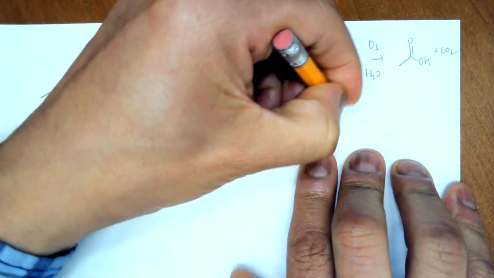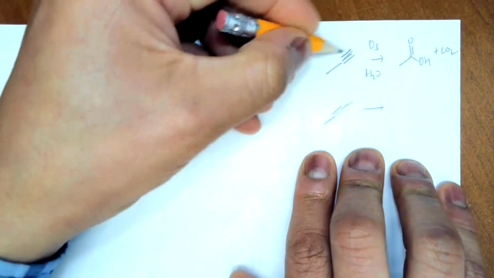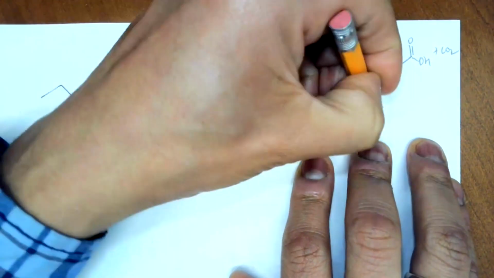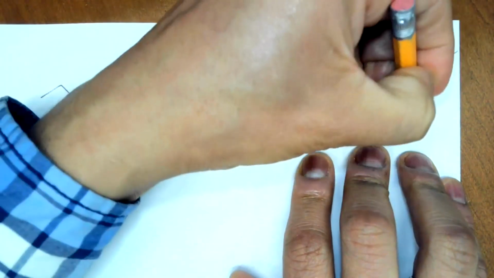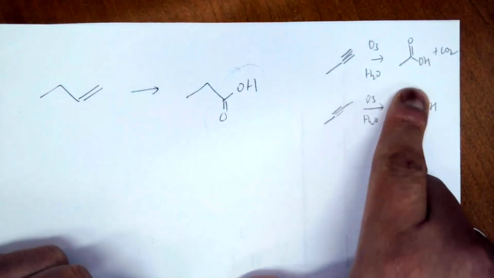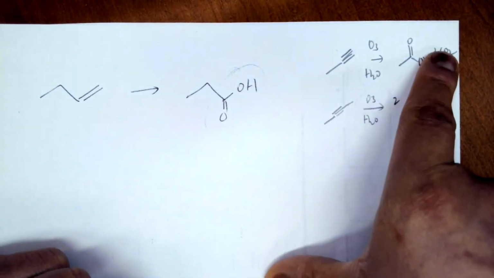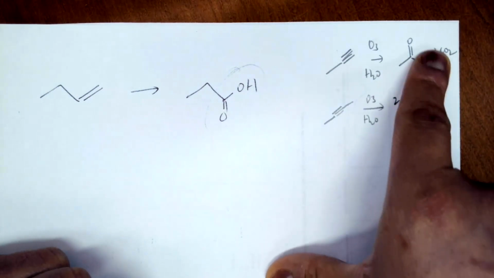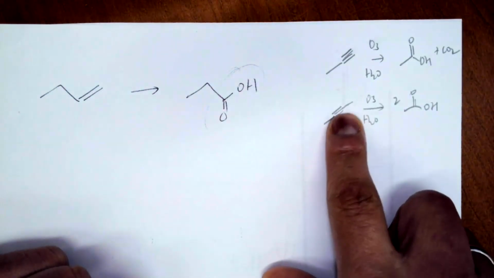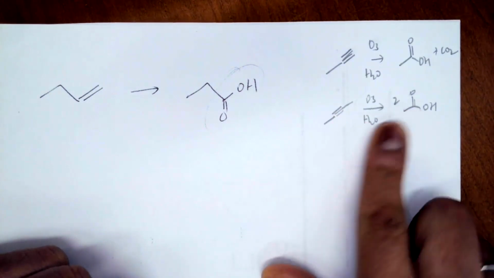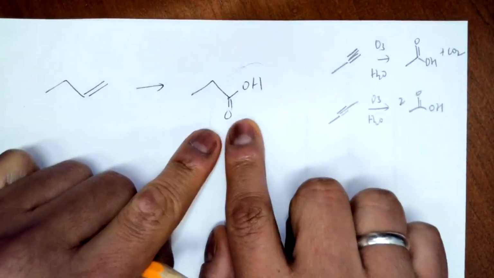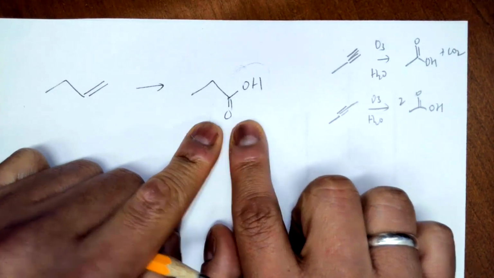And this reaction can go in 2 ways, if it's a terminal alkyne or an internal alkyne. If I have a terminal alkyne, I get 1 carboxylic acid and carbon dioxide, shorter in the chain, right? And if I have an internal alkyne, I get 2 carboxylic acids. So in this case, they're telling me I need only this carboxylic acid.